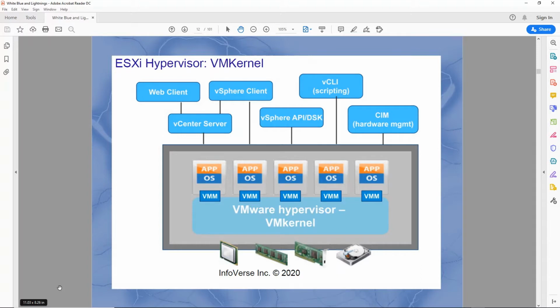We also have vSphere APIs, programmable interfaces. We also provide VCLI, a command line interface for scripting purposes, and you also have hardware management agents running.